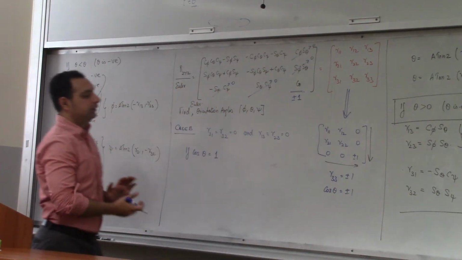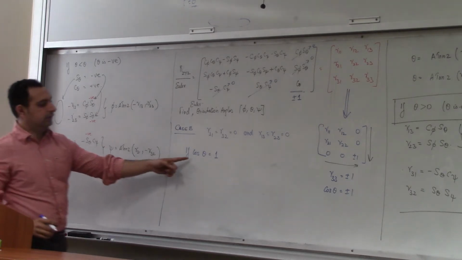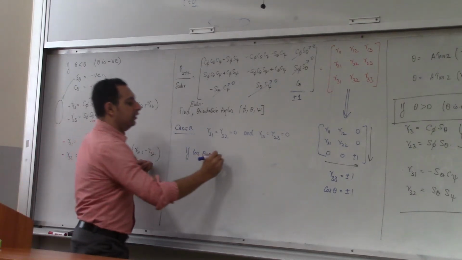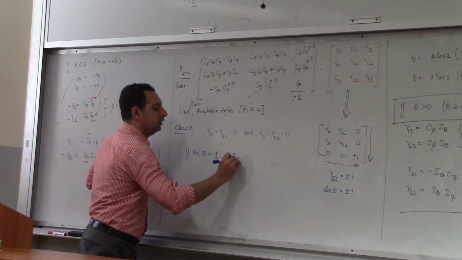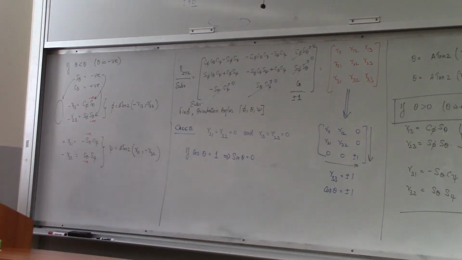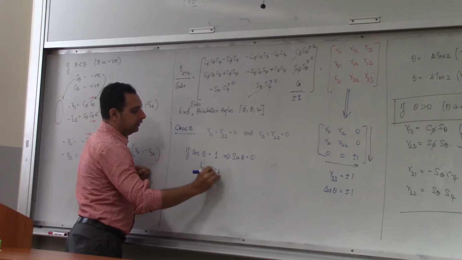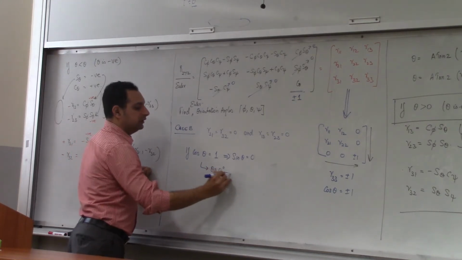Right? That's it. So when I substitute cos theta is equal to 1, this obviously implies sin theta is 0, because cos is 1 at theta equal to 0. This means theta is equal to 0 degrees, okay? Which again means sine theta is 0.